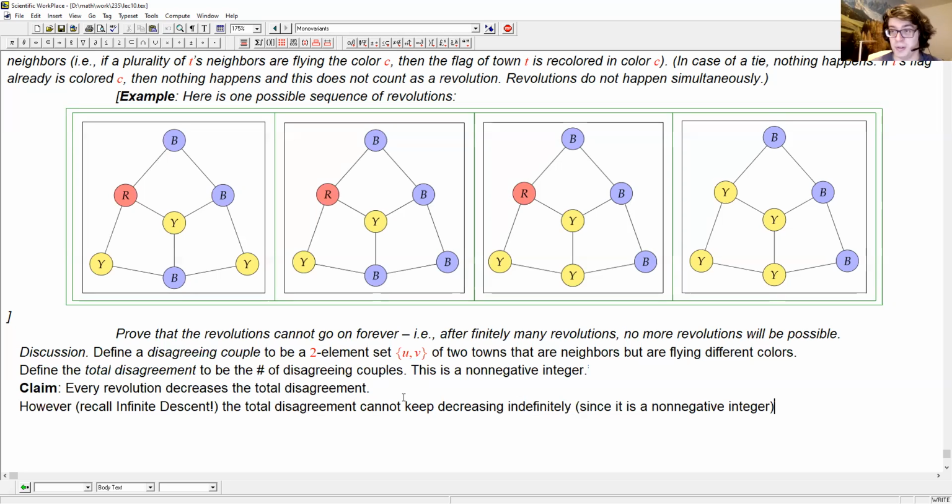And then it's just a matter of time until it becomes negative, but it cannot become negative. So it cannot go on forever. Well, it is and has to remain a non-negative integer. So the revolutions cannot go on forever either. And we're done.